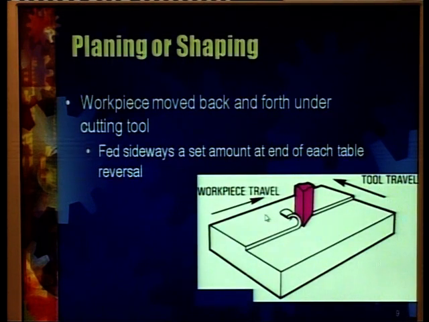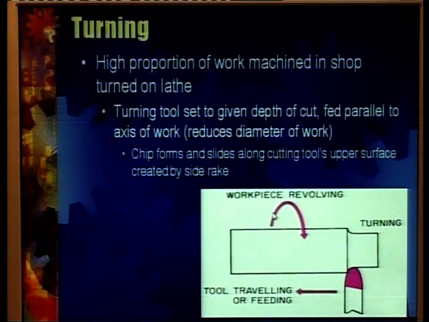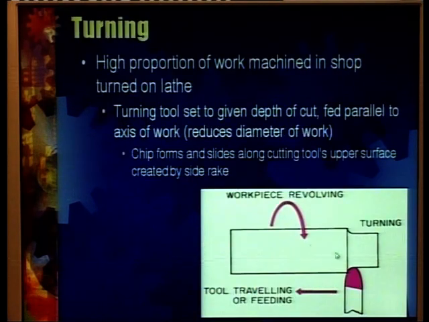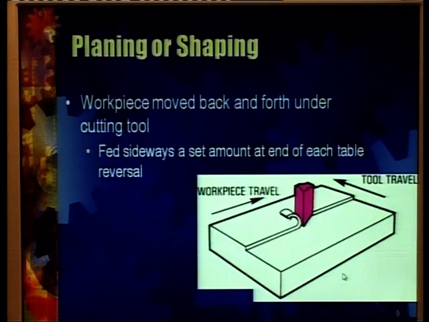As I have told you earlier, in planing and shaping the situation is a bit different. In this case, the workpiece is not rotating; rather it is a straight piece which is held stationary, and the tool, just like the tool used here, a single point cutting tool, is moving in a linear manner.